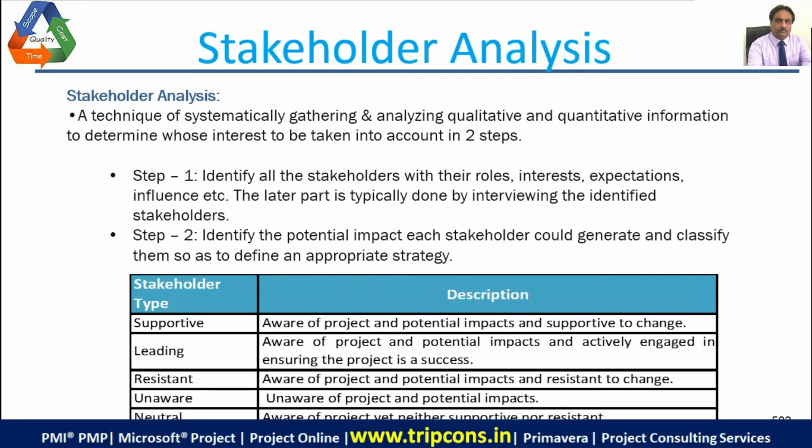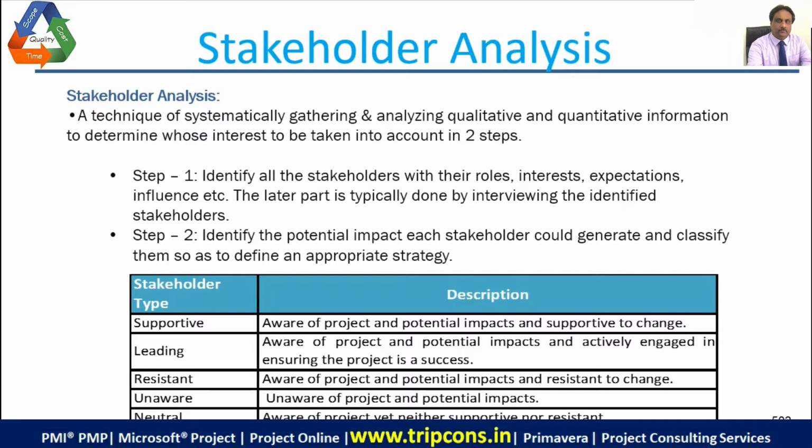In step one, we identify all the stakeholders with their roles, interests, expectations, influence, etc. The latter part is typically done by interviewing the identified stakeholders. Step two, identify the potential impact each stakeholder could generate and classify them so as to define an appropriate strategy.